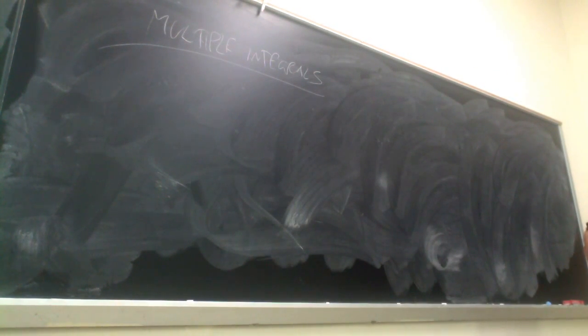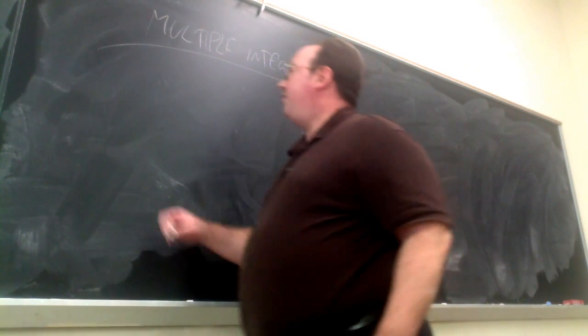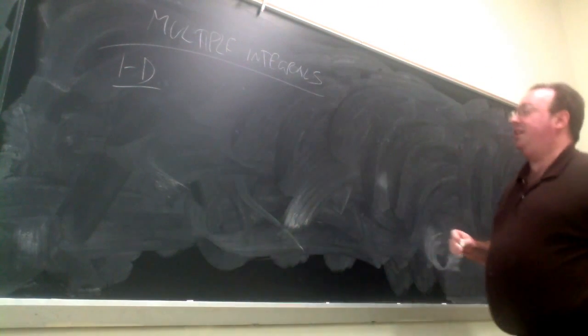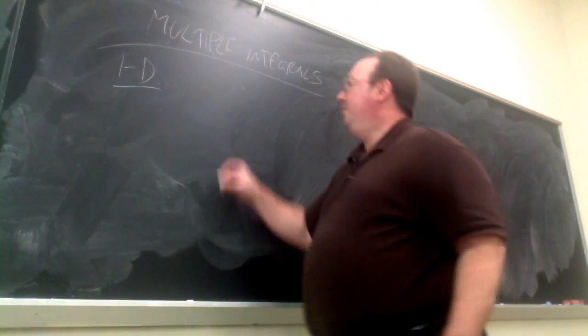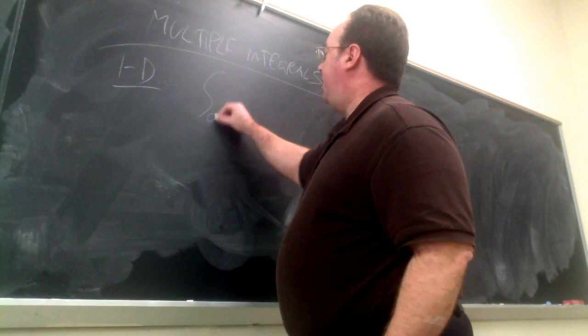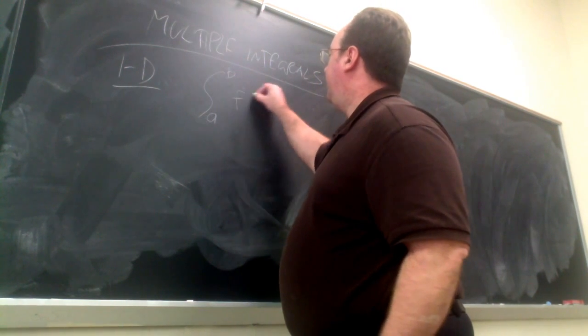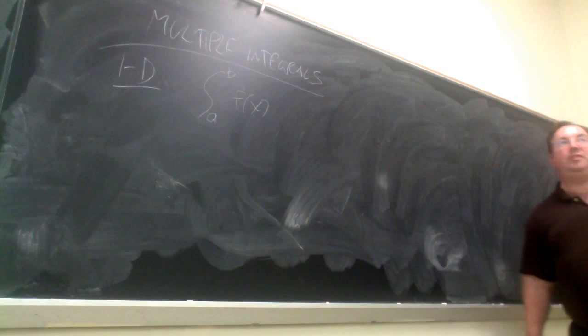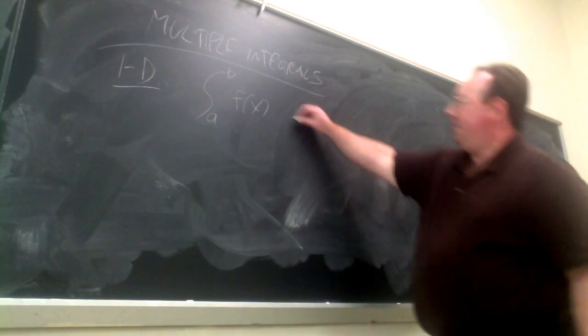So as a quick review from single variable calculus, if you're integrating a function f of x on some interval a, b, so this is a definite integral, and we need a dx here.